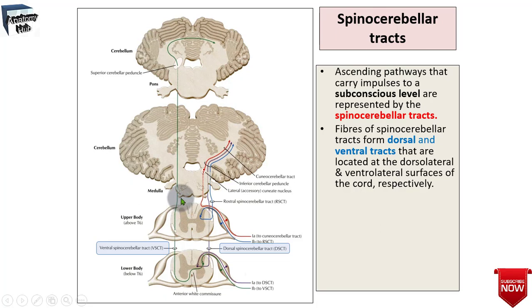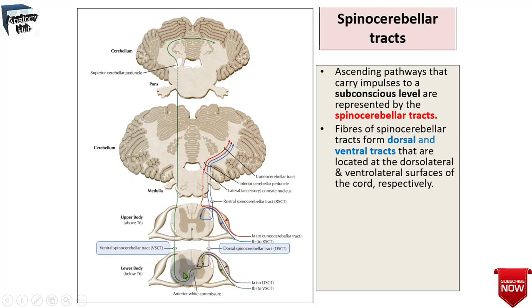and cutaneous touch and pressure information from the lower limb and the trunk. The first order neuron enters from the posterior root, the dorsal root ganglion, and terminates by synapsing with the second order neuron in the posterior gray column of the spinal cord.